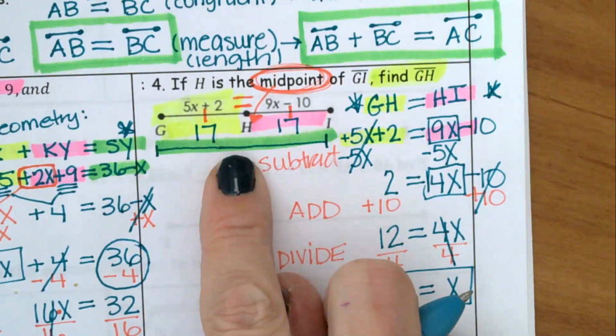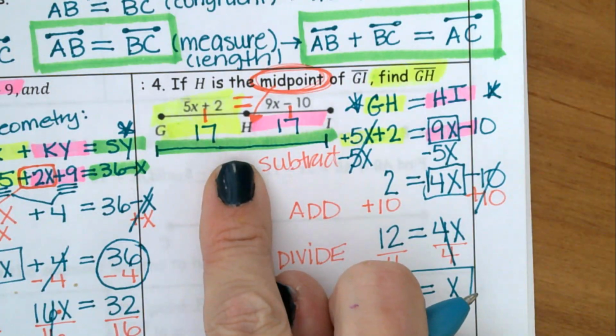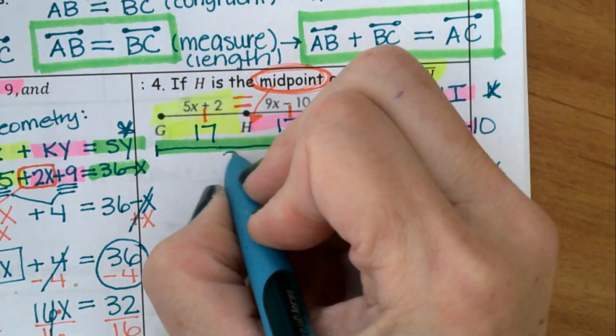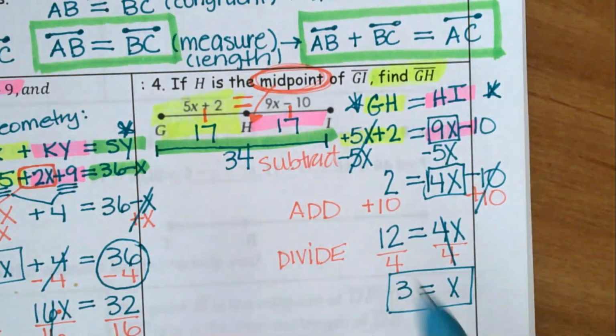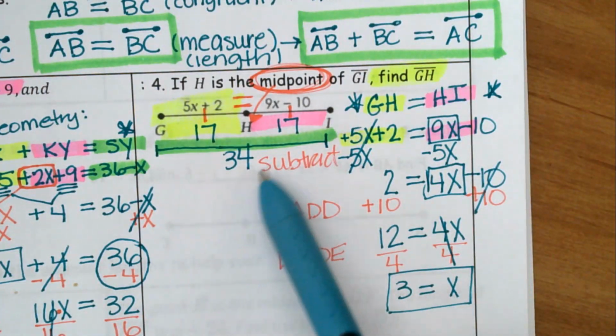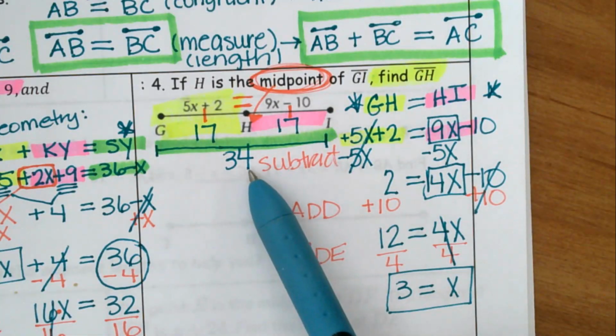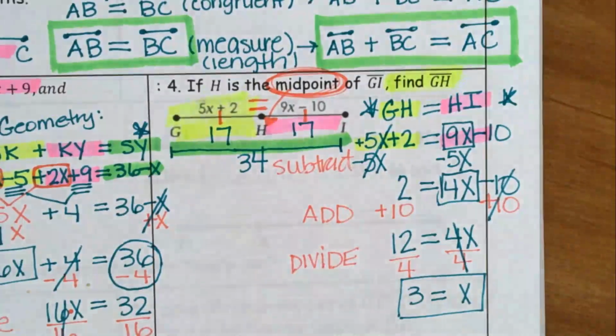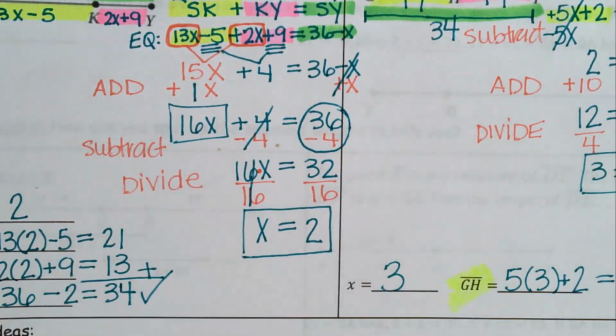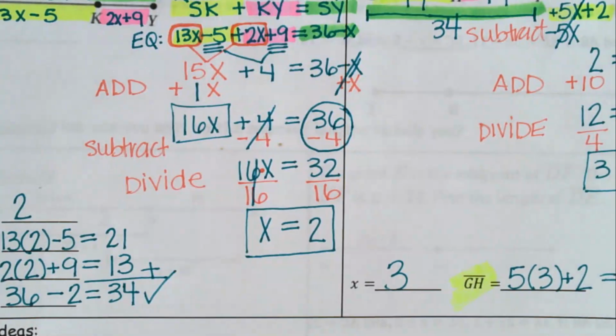What's the whole distance? 34. Everybody see what I did? I just kind of added on a little extra. Okay, how you feeling so far?